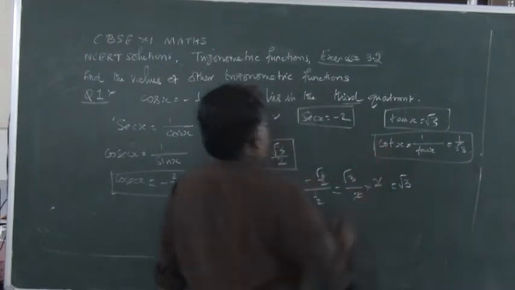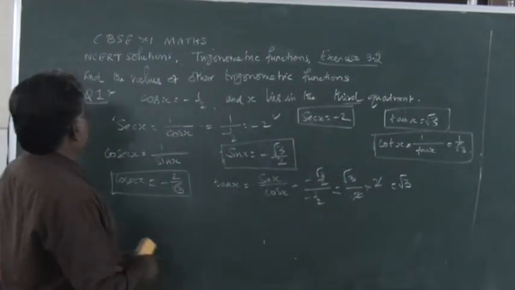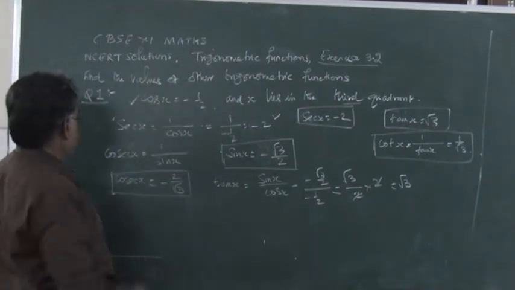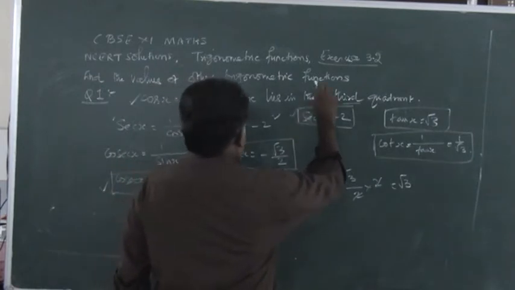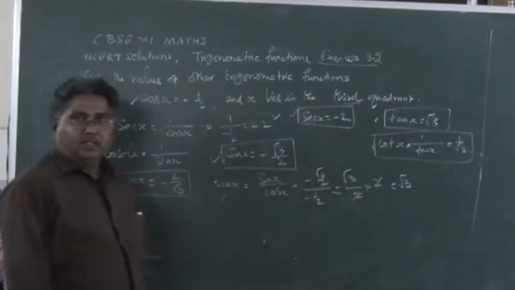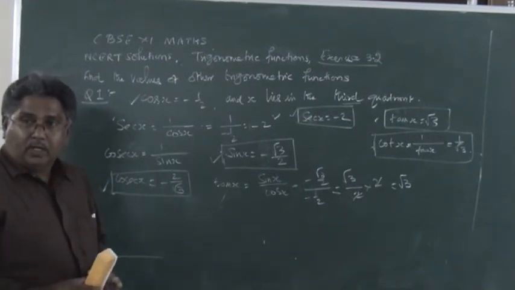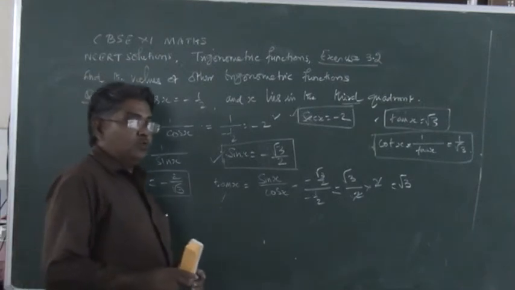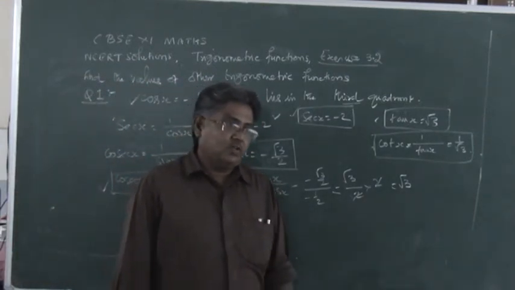So now check whether we found all the ratios. Cos x, cosecant x, sin x, secant x, tan x, and cot x. So these are the values. So first what you should do, as far as possible, use a reciprocal relation to get the other trigonometric functions.